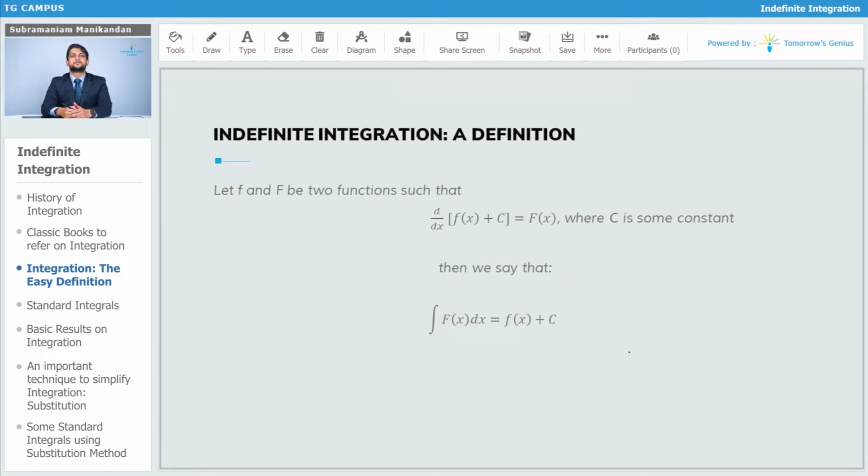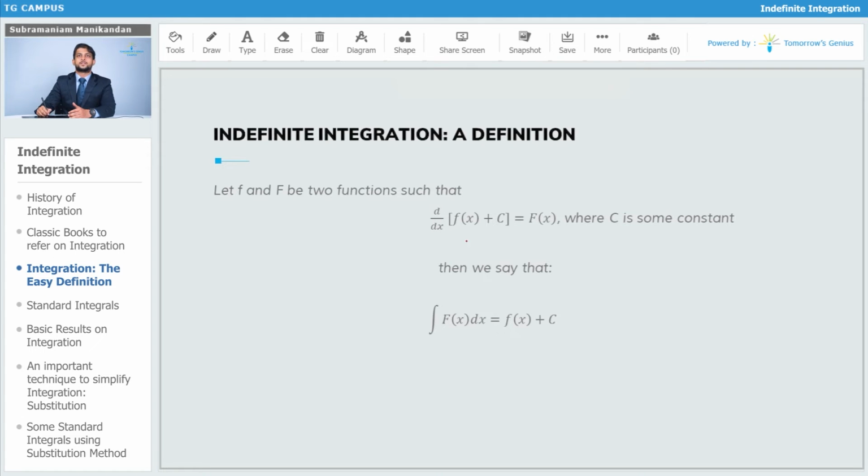Then we say that when we perform a certain mathematical operation on capital F(x) such that we get back the original function small f(x) plus c, which was differentiated in the first place, then we call this function small f(x) plus c the integral or the antiderivative of capital F(x). So this mathematical operation performed on capital F(x) is called the integration of capital F(x).